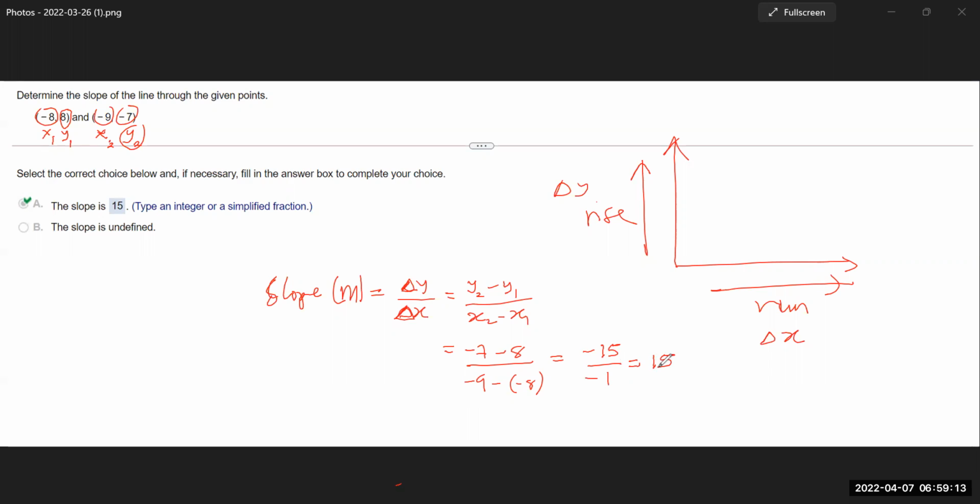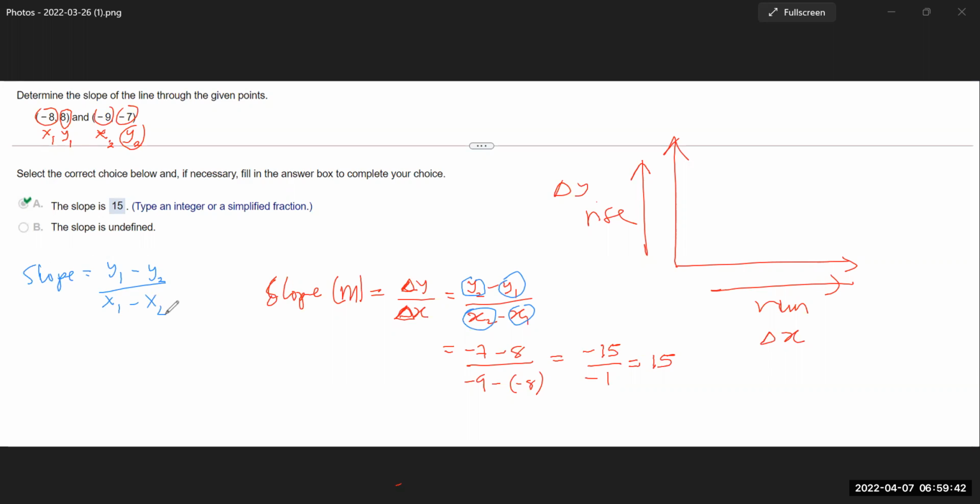So note, I gave my students an alternative. Now this is y2 over x2, minus y1 over x1. You could equally find the slope using y1 minus y2 over x1 minus x2.